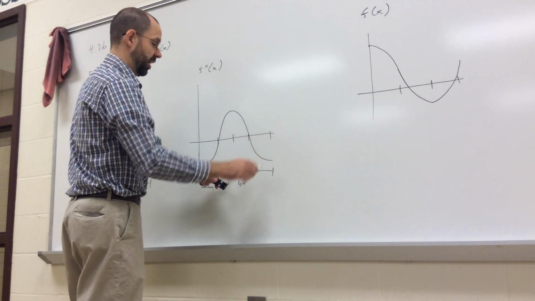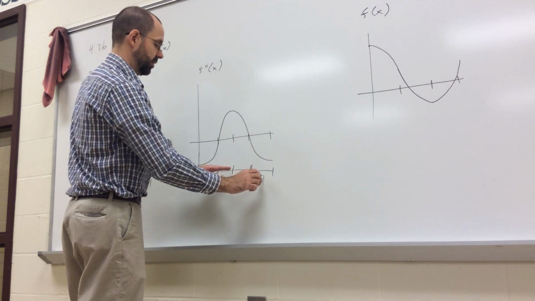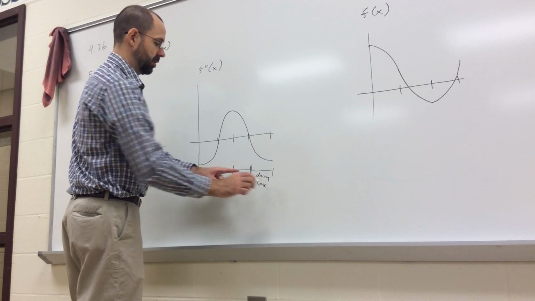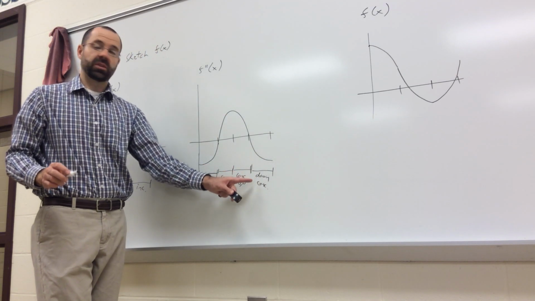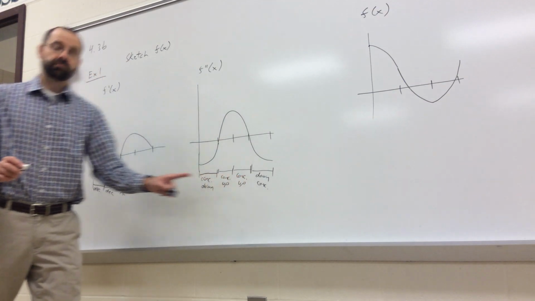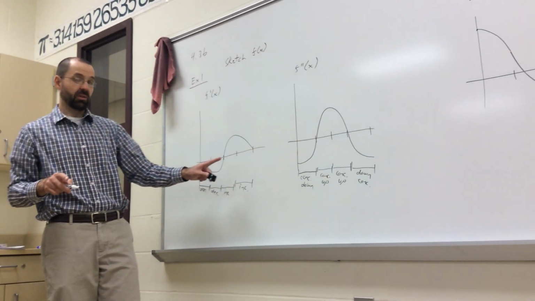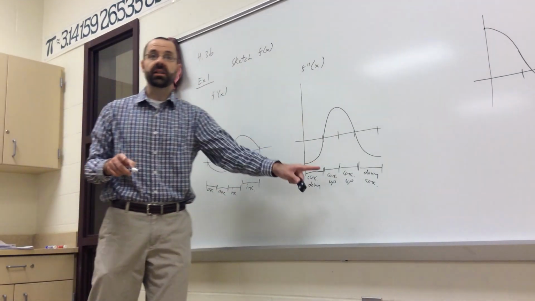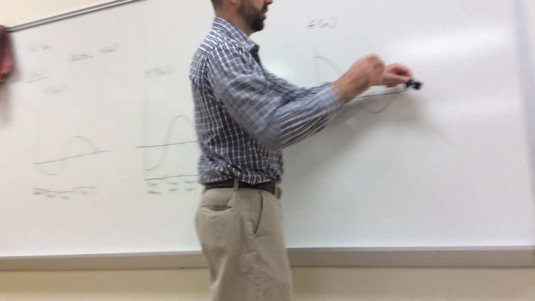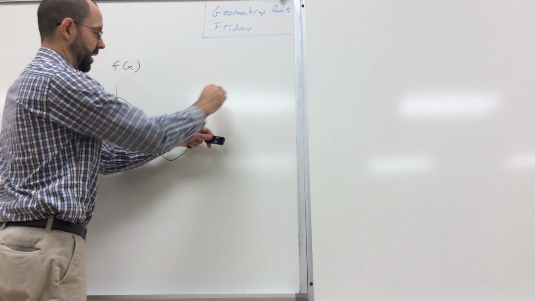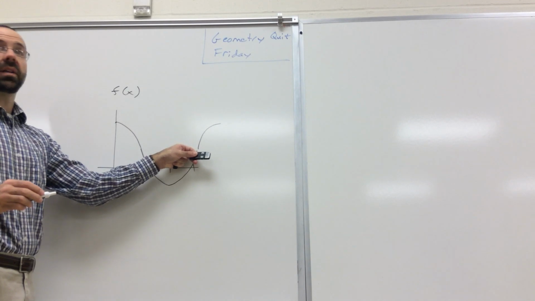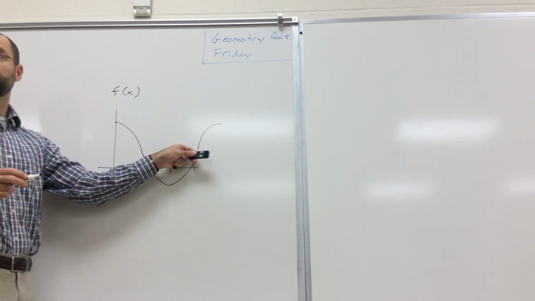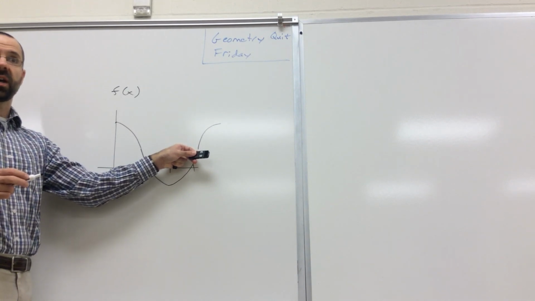That means the f graph is concave down. Downward concavity. So I'm going to draw over there a graph that's increasing and concave down. So that looks like that. That little piece there is increasing and at the same time concave down.